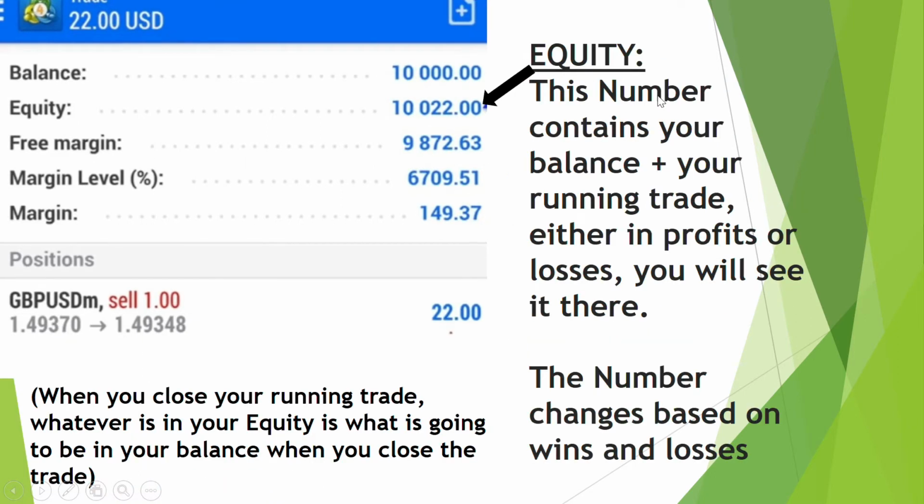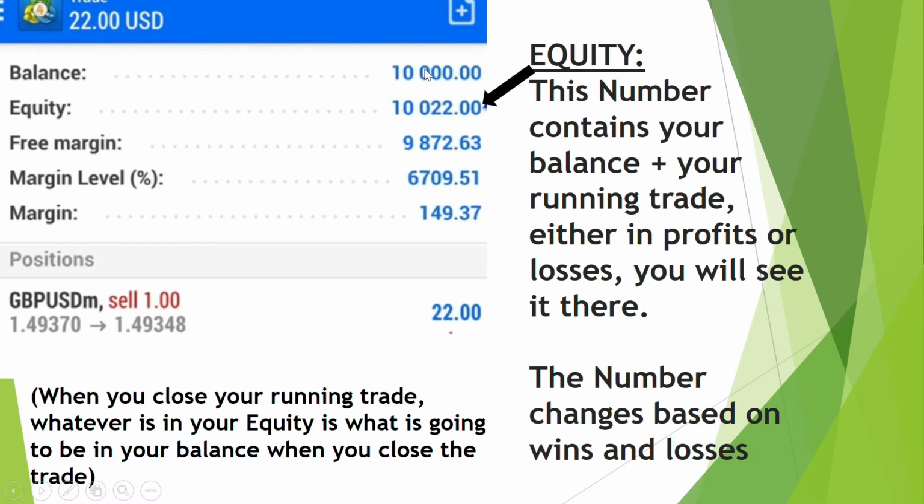Equity. This number contains your balance plus your running trade, either in profit or losses. If your running trade is in loss, you will see this place change to red, showing minus something, like minus 22.